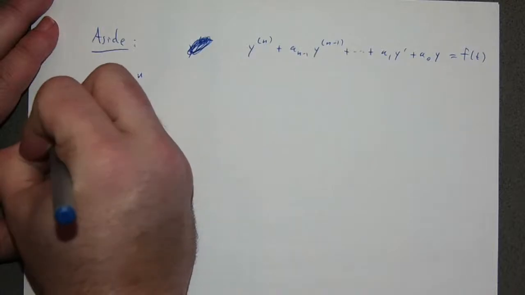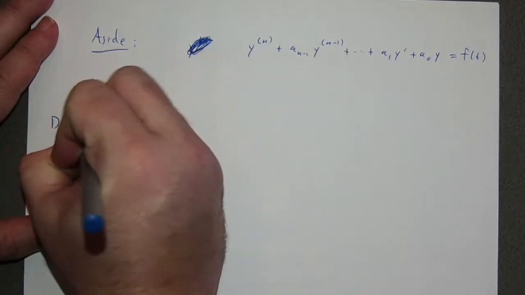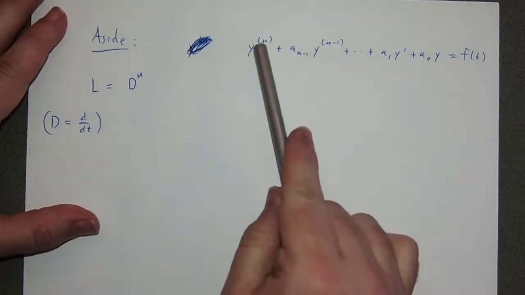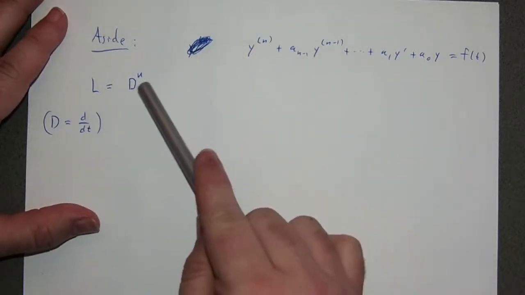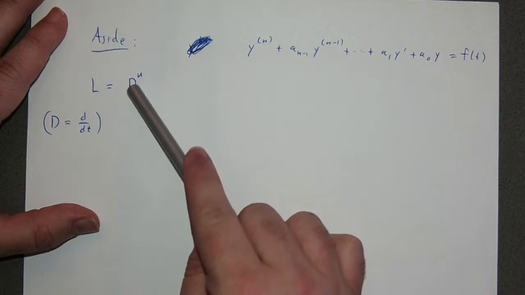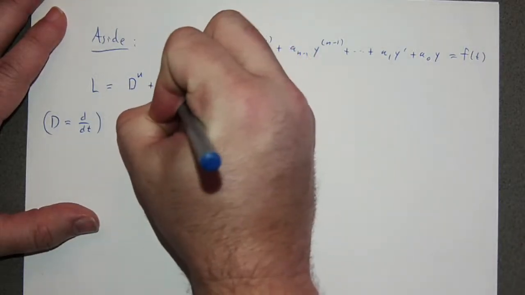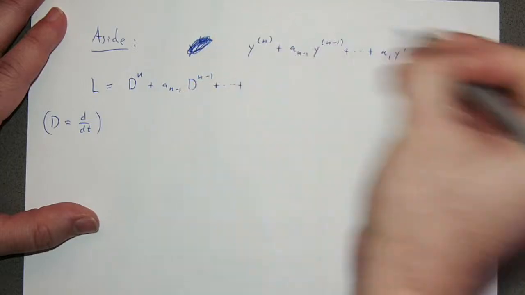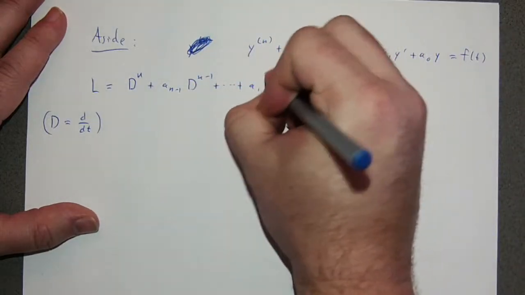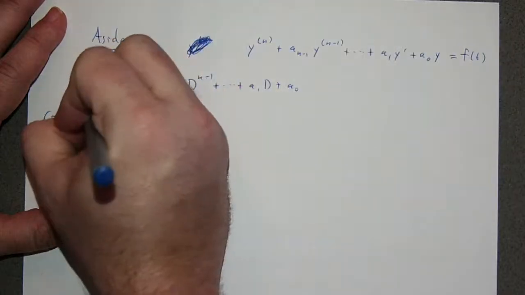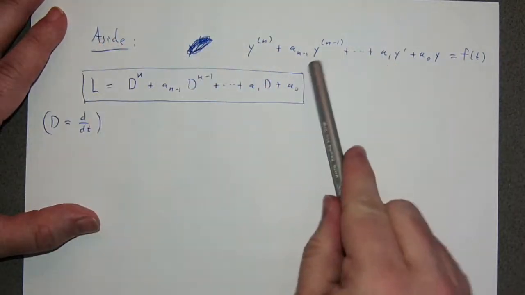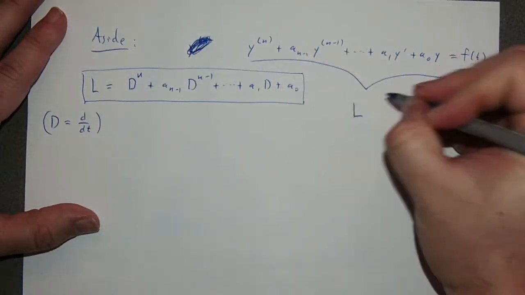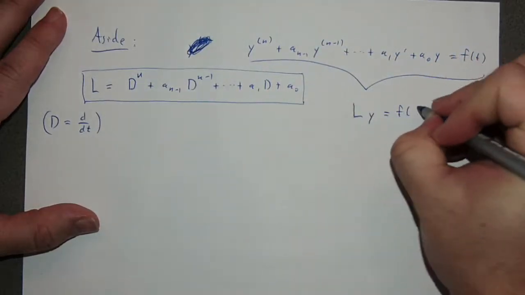So, right, D is d/dt. Taking the nth order derivative is D to the n, plus a sub n minus 1 D to the n minus 1, and so on, all the way out to a1 D plus a naught. So let L be this thing. Then this equation can be rewritten in a much more compact form. Ly is equal to f of t.